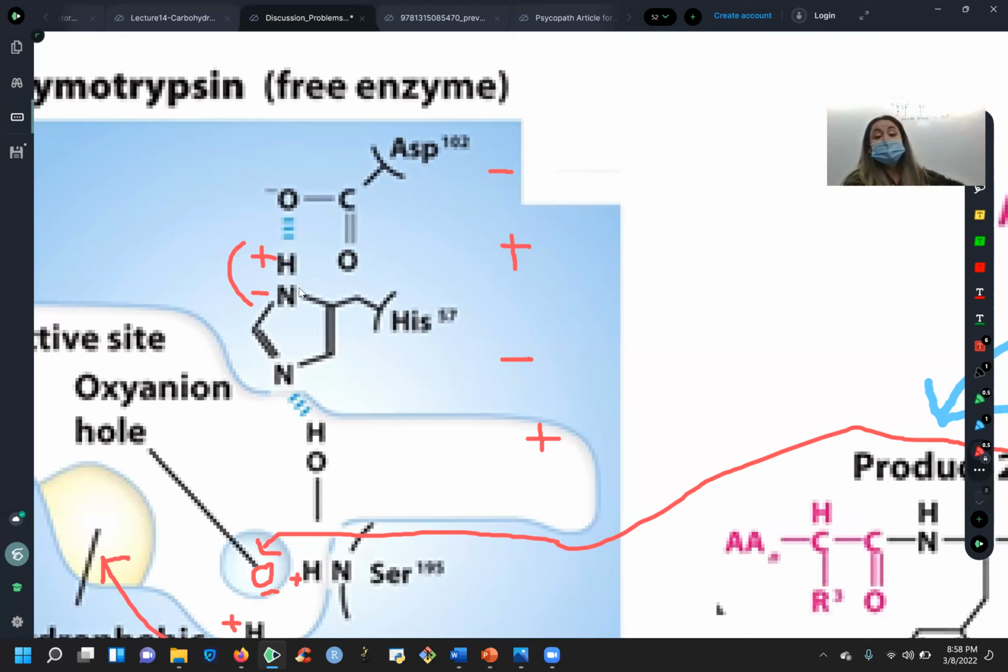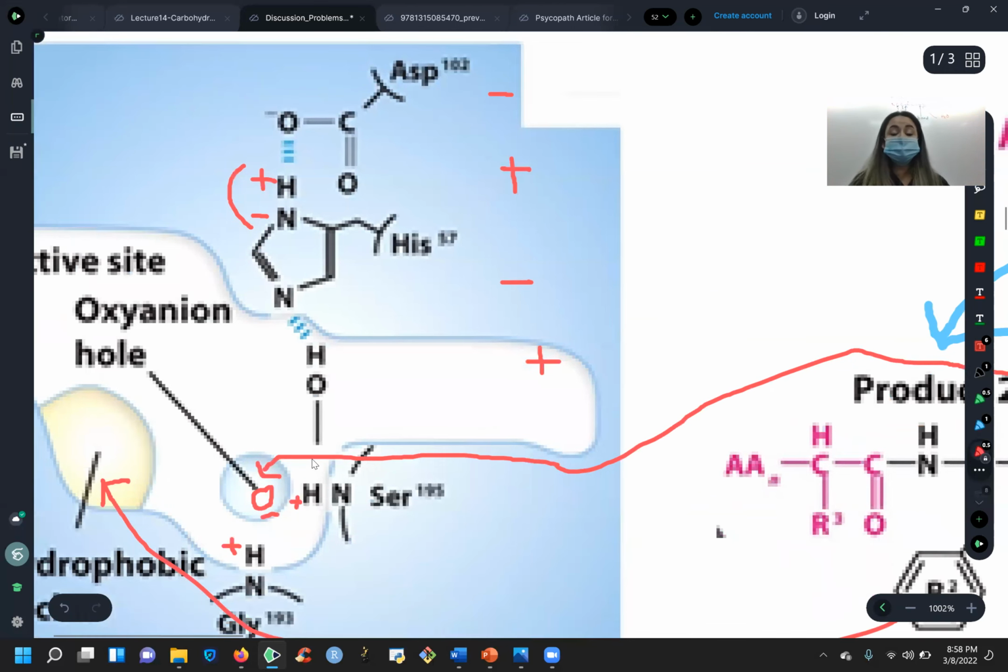So what it's going to do is take that proton from serine. Serine used to be all happy with its hydroxyl group minding its own business. But because histidine's pKa value rose all the way to 12 and he became a really strong Lewis base, he just stole that hydrogen. And so what happens is this oxygen becomes a really strong nucleophile.